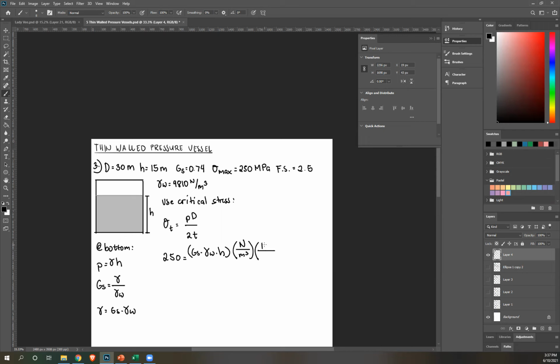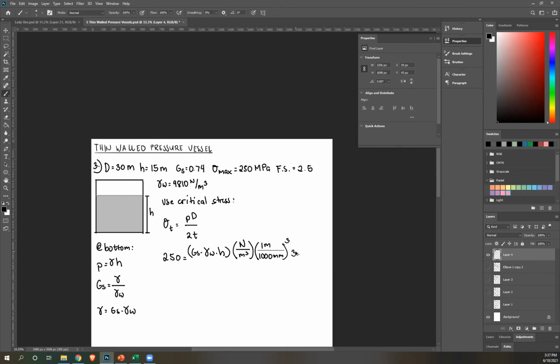So 1 meter is 1000 millimeters, and then cube, because this is meter cube. And then diameter 30 meters.